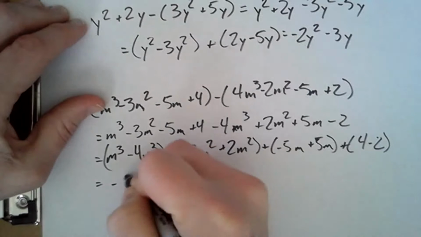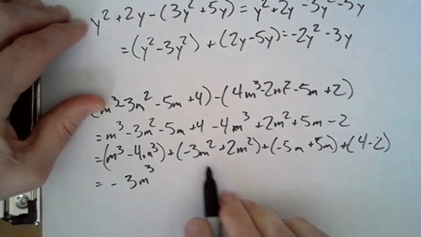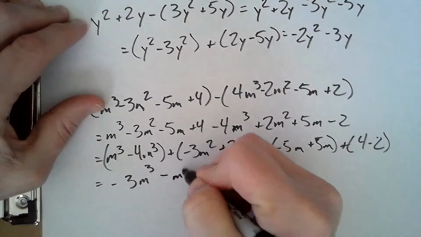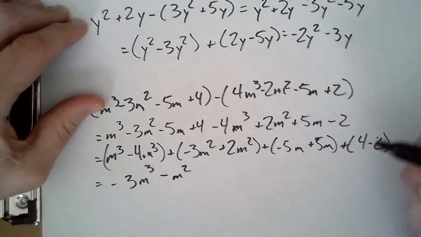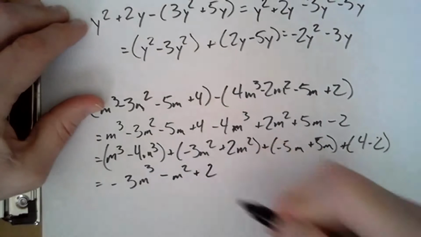Okay, so that's a negative 3m cubed plus, minus m squared. Negative 5m plus 5m is 0, and then plus 2.